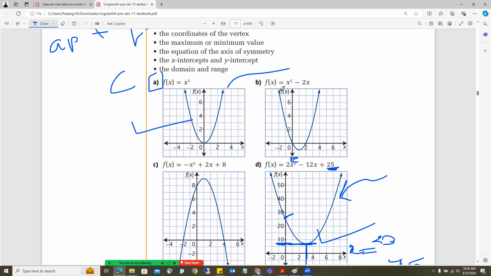Then the domain and the range. Domain: x is all real numbers, and y is greater than the minimum, I mean the y coordinate of the vertex, right? It should be greater than this value.